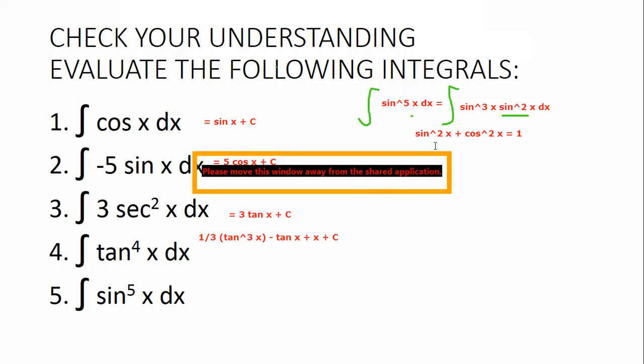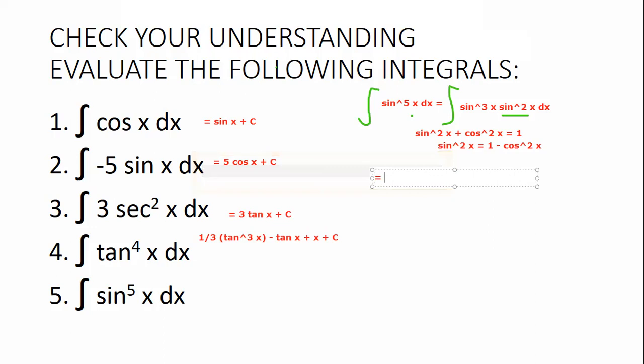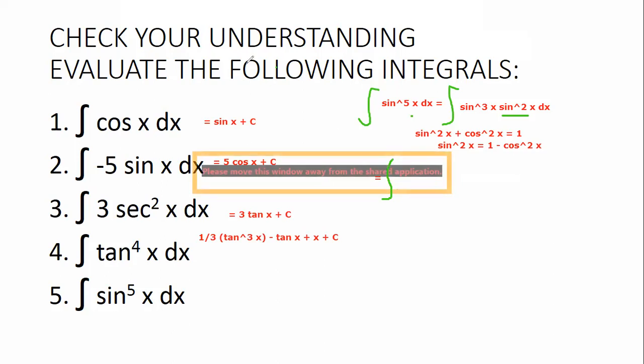So this will be the integral of sine cube of x multiplied by 1 minus cosine squared of x dx.